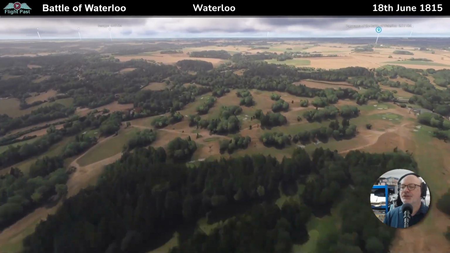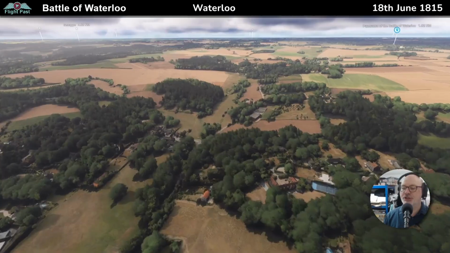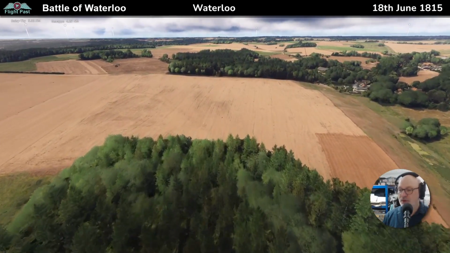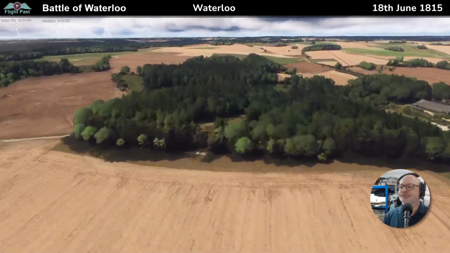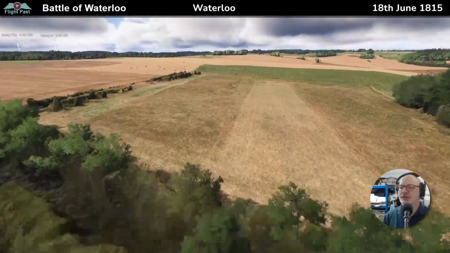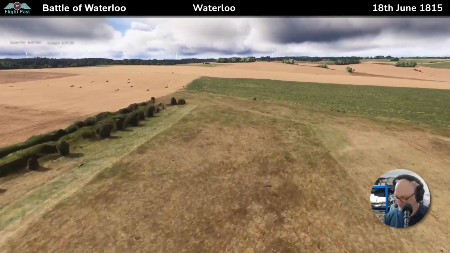So from this situation here, Lossin continues his attack, and is described as moving forward up the ridge. So from this position here, we could see that that's probably moving up this way.